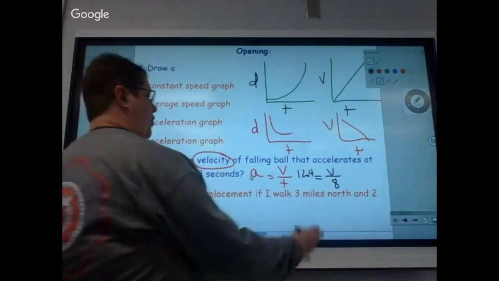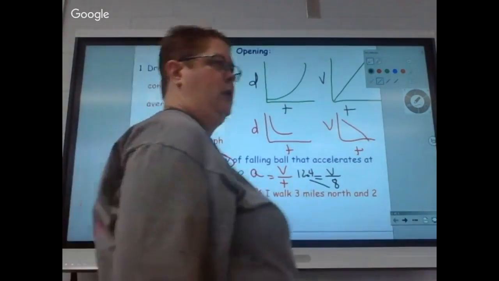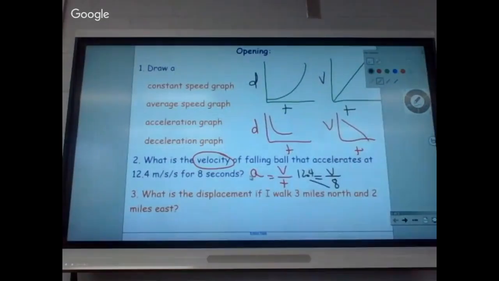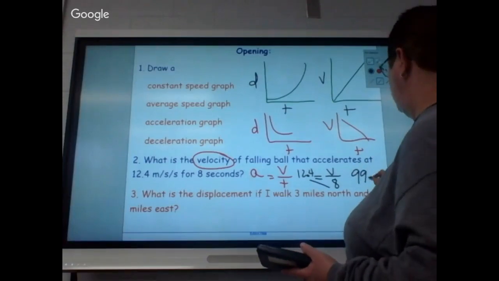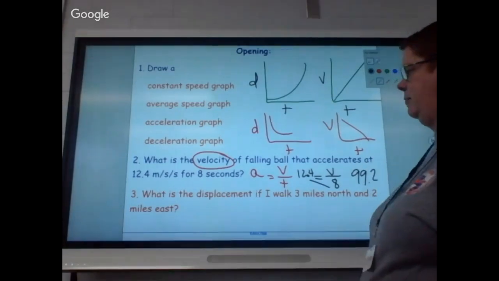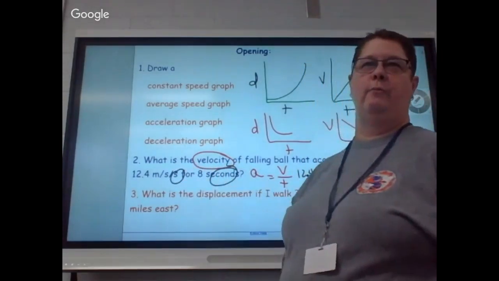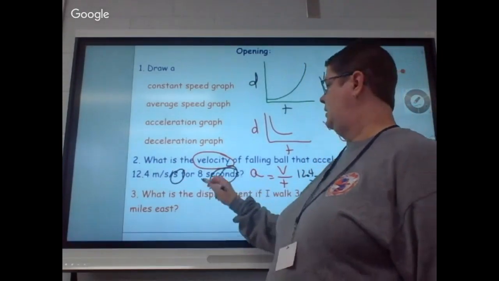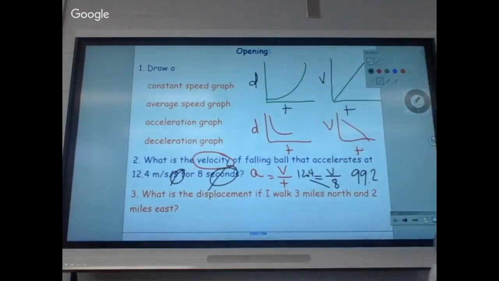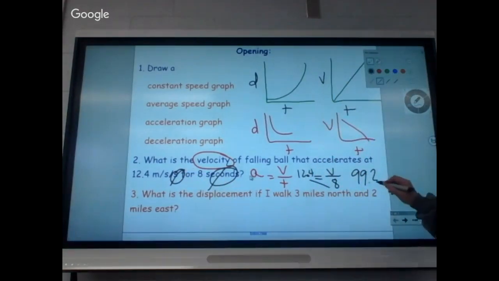We cross multiply 12.4 times 8. I got 99.2. Anybody else get that? And again, if you have a second here and a second here, what happens to them? They cancel out. So you get 99.2 meters over seconds.